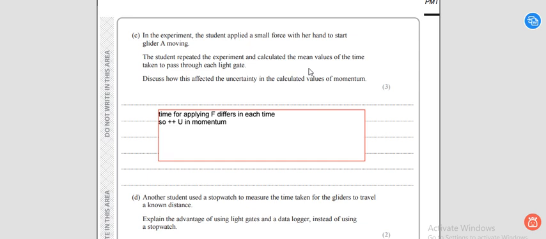If the force was supposed to be constant, the time will vary. So whether the force differs each time or the time differs each time, the momentum will differ, and the more the momentum varies, the more the uncertainty increases.